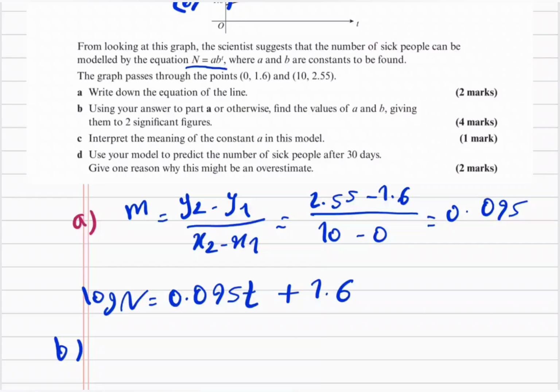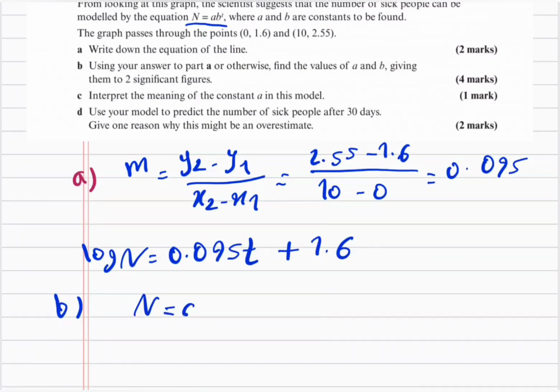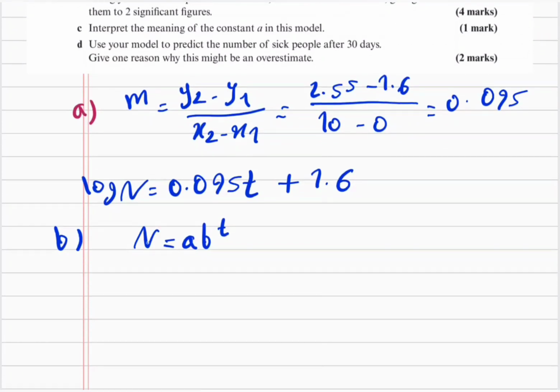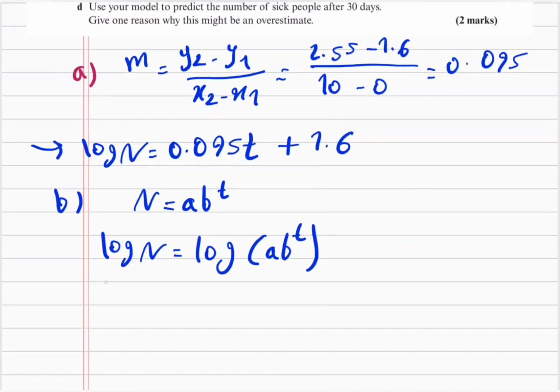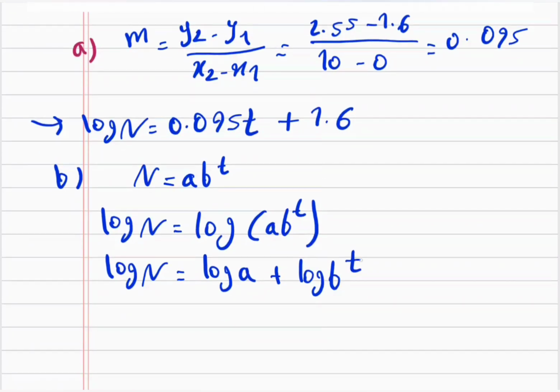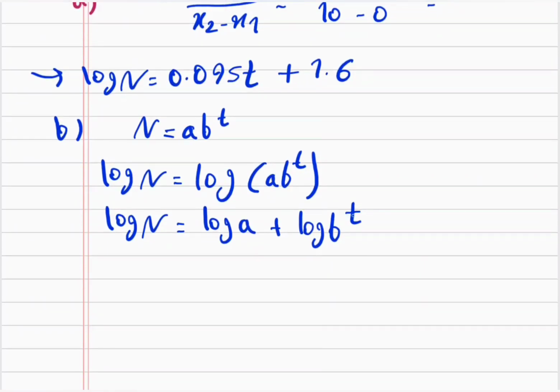So to find the values of a and b, we can basically use the idea that n is equal to ab to the power of t, and we need to take log so that we have this in the form of this equation in part A. So if we take logs, we'll have log n is equal to log ab to the power of t, but remember that log laws allow us to split this into the sum of two logs, so we can write this as log a plus log b to the power of t, and also the power law allows us to write this power of the number inside the log outside of the log as a coefficient.